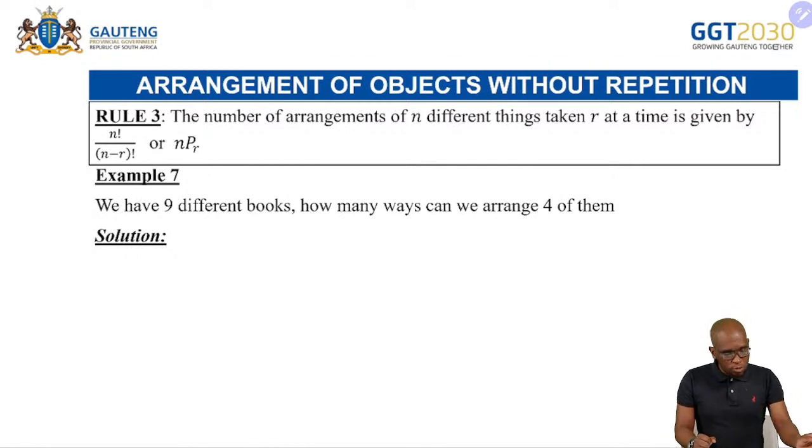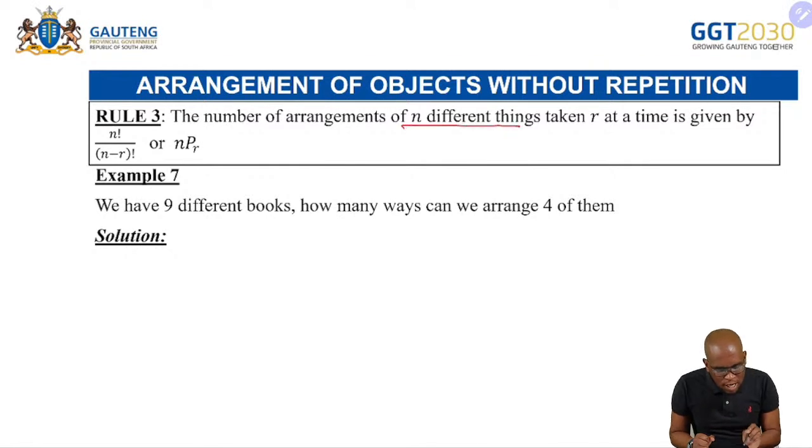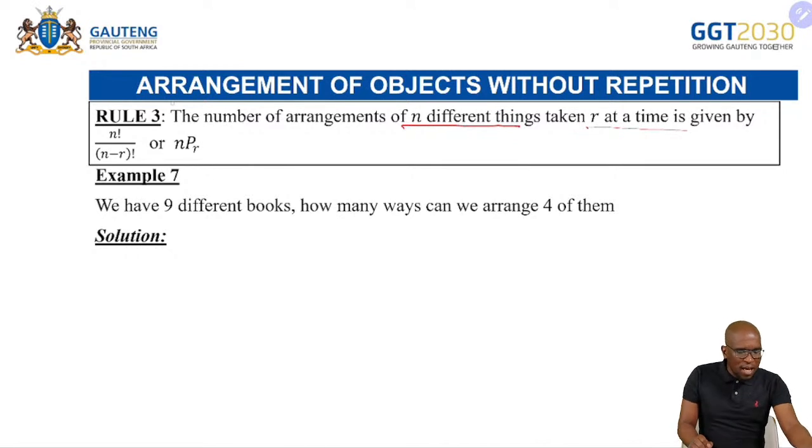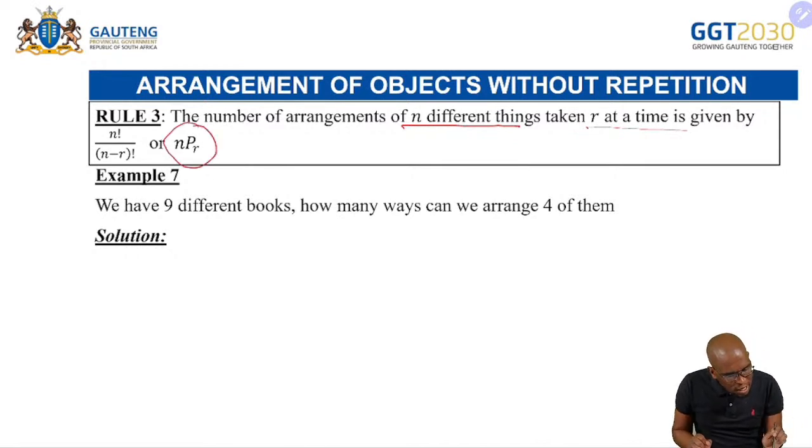Now we move on to rule 3. Rule 3 says if you have n objects and you want to arrange r at a time, then that's given by n factorial over n minus r factorial, or nPr. We call this the permutation.